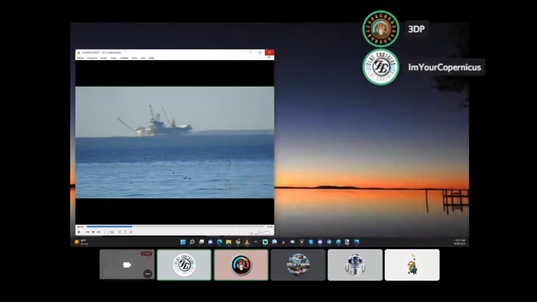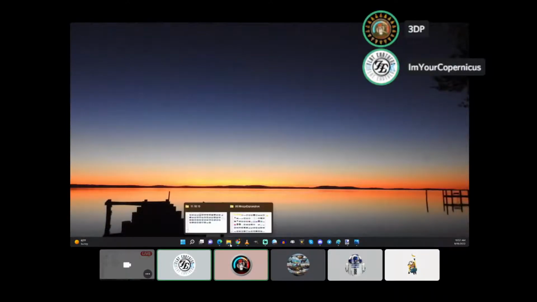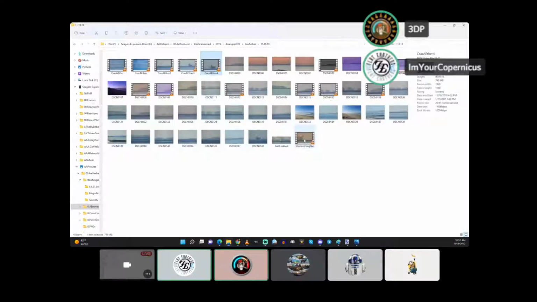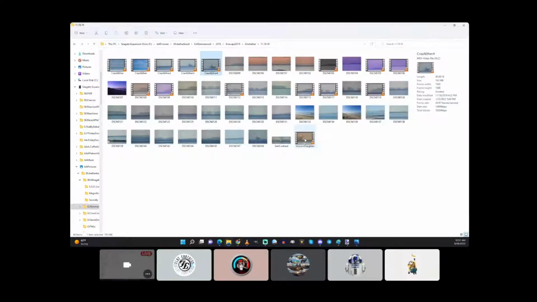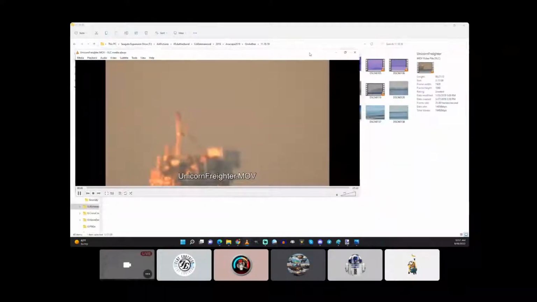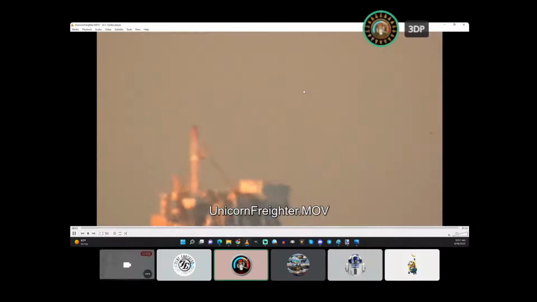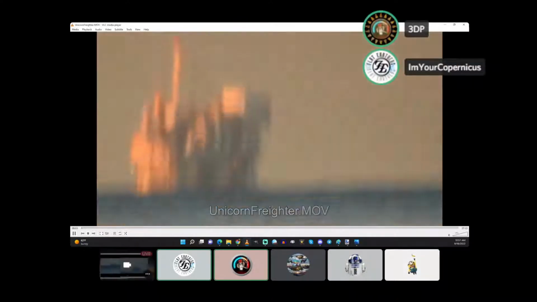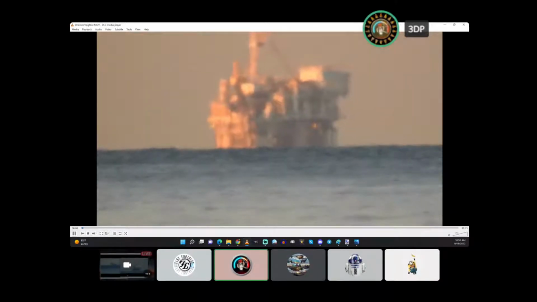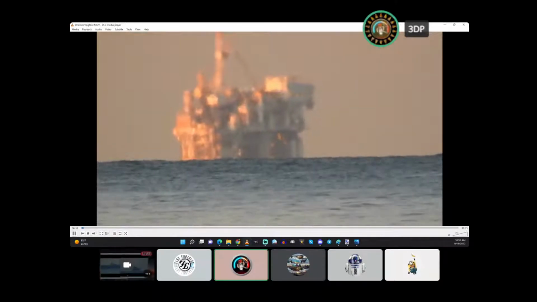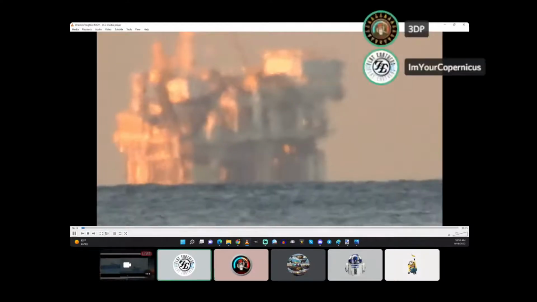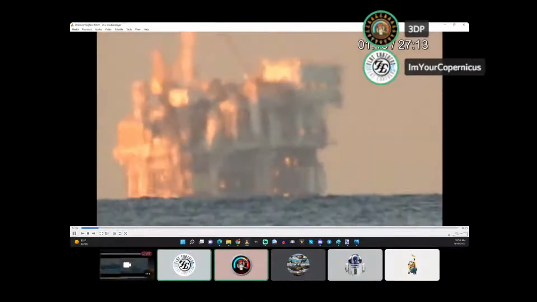In this next one, I think is a fantastic capture as well. I call this the looming unicorn freighter. Now this is a different platform, and this is a different location. Let me zoom up a couple of times until I get stable.